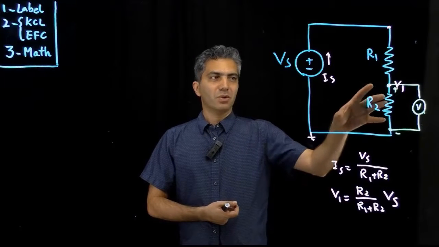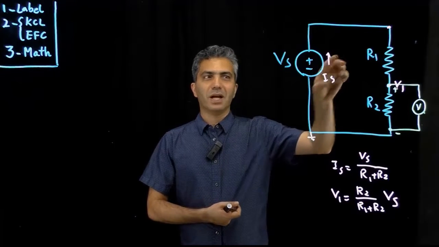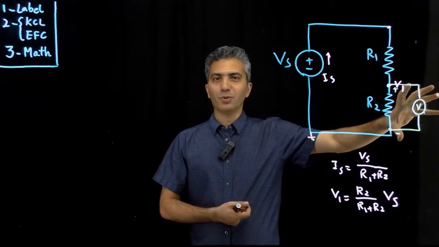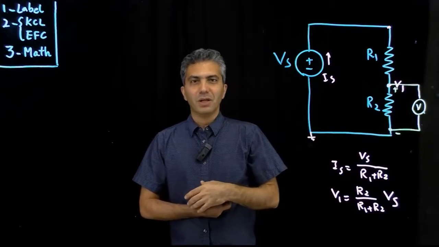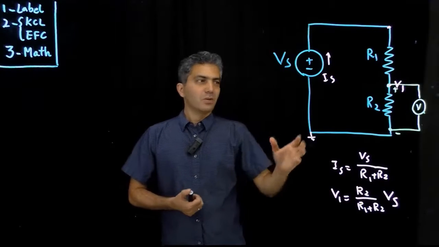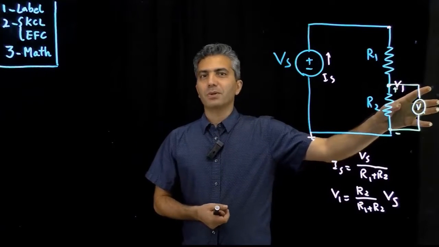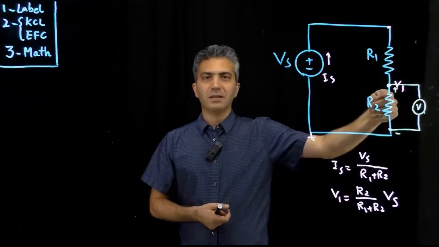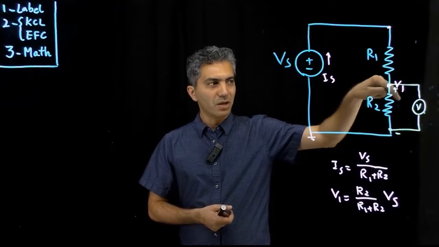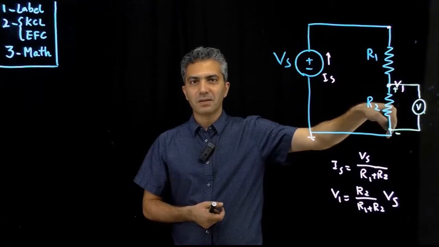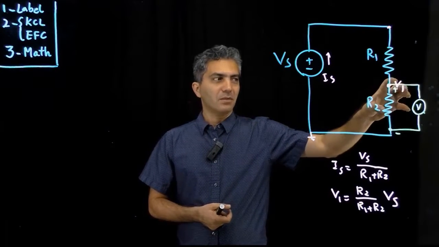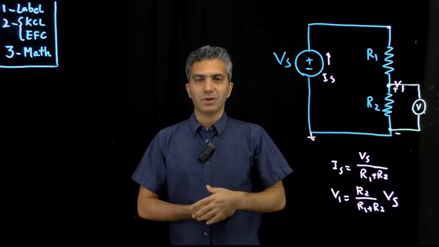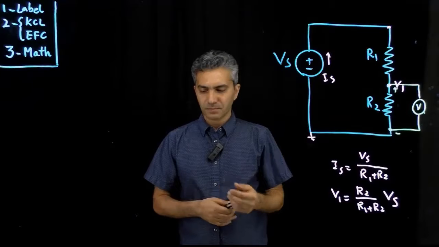You want to measure the voltage of the circuit that only has R1 and R2 in it, not a circuit that includes a voltmeter also connected to it. So ideally speaking, you want the voltmeter to be an open circuit. In other words, you want to make sure that by connecting the voltmeter, you're not drawing any current into the device, so that you're not changing the currents in the circuit and changing the voltages of the circuit.